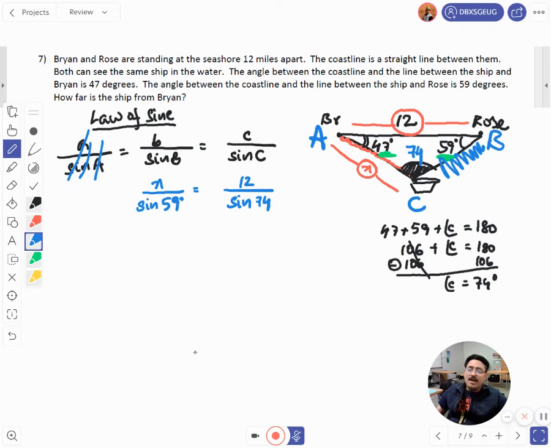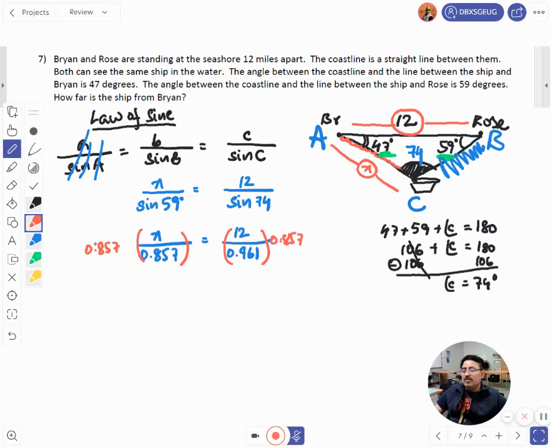Now, let me grab my calculator. It is x over sine 59. Sine 59 is 0.857. 12 over sine 74, sine 74 is 0.961. You know how to isolate the variable. So we have to go for the inverse operation, which is multiplication on both sides by 0.857.